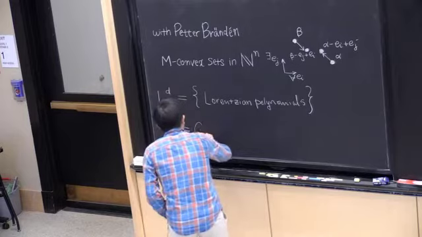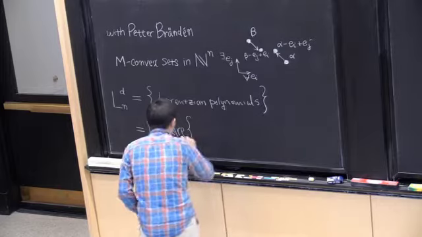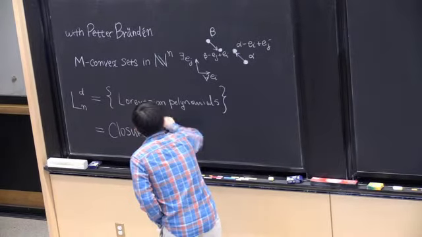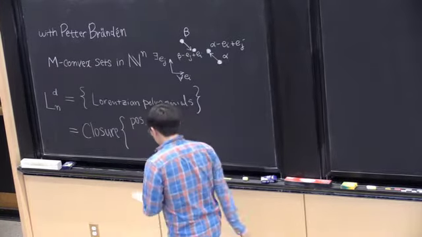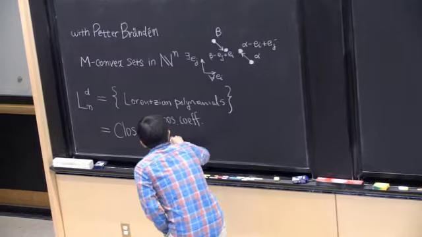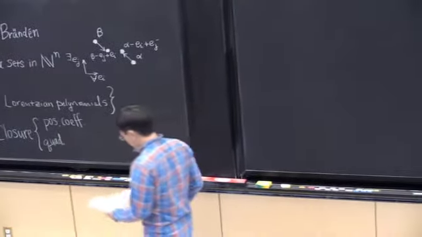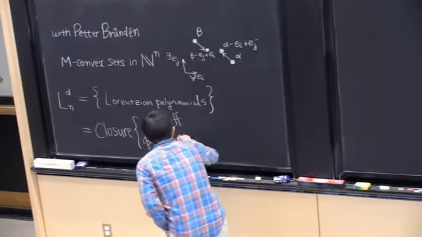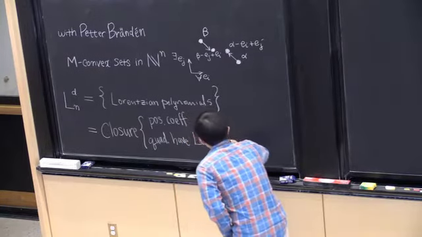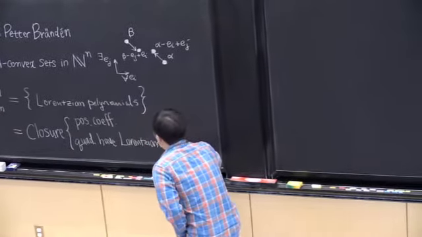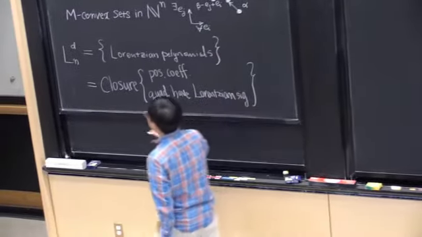For example, you could say that it is the closure of the space of homogeneous forms with positive coefficients, such that all the quadratic forms you can get by taking repeated partial derivatives have the Lorentzian signature. So that was one description or definition, if you want.